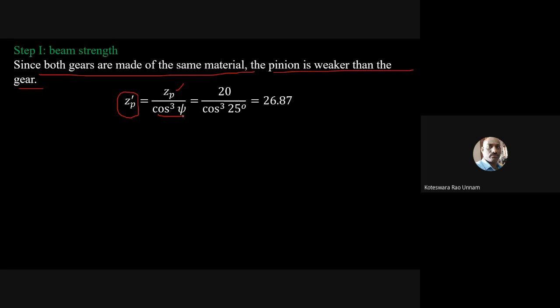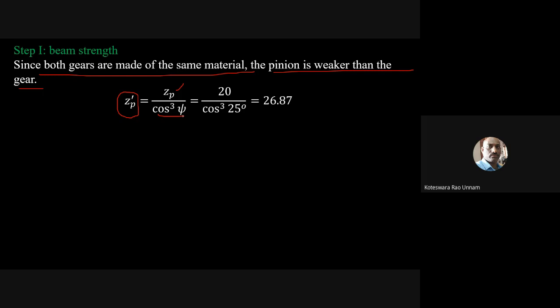Similarly, the Buckingham equation is also given. The dynamic load acting on the helical gear tooth, FD, is the same thing I have given in the book. In fact it is not the FD formula, it is an equivalent load. You can call it the total dynamic load.